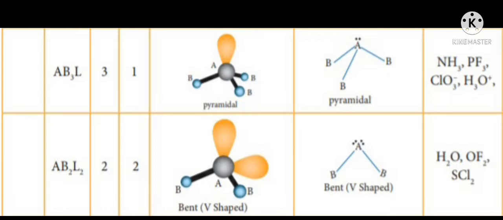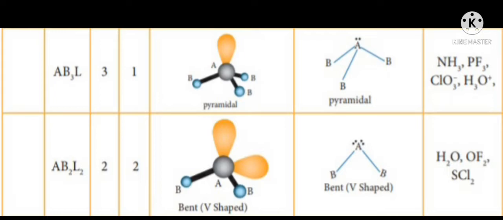The molecular geometry is shown here. NH3, PF3, ClO3 minus, H3O plus are examples for AB3L molecule.